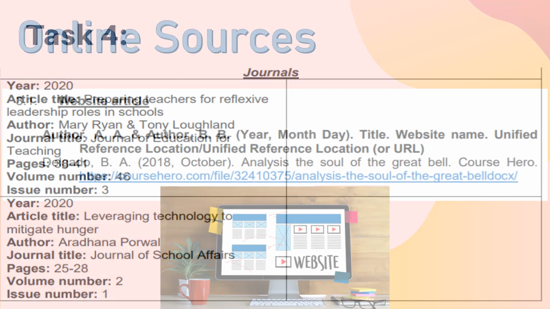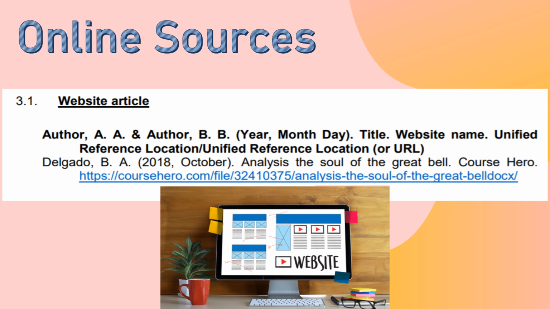Okay, so now moving on with the next source that we have to cite. Of course, online sources are the easiest sources of information that we can have. But of course, we still have to keep in mind how to properly cite sources from the internet. First, the website articles.